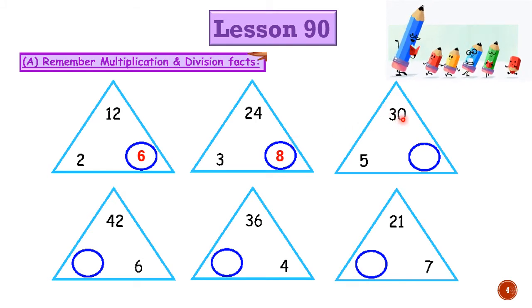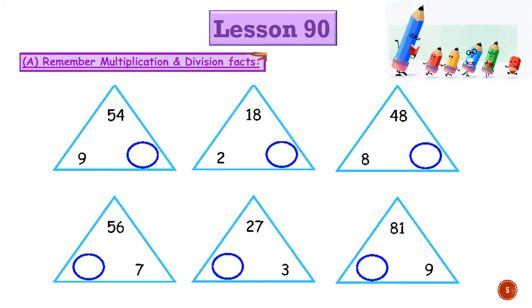Here we have 30 equals 5 by what? By 6. Here we have 42 equals 6 by what? Yes, by 7. Here 36 equals what by 4? 9. Here we have 21 equals what by 7? Yes, 3. So let's continue our multiplication and division facts.